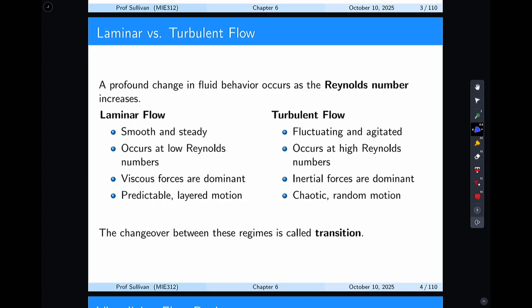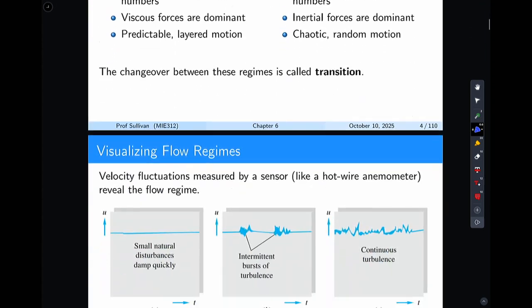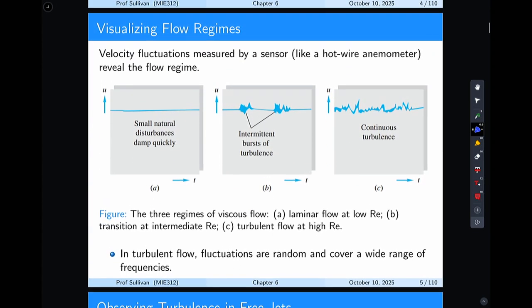You and I will all have different pictures of that. In this course, I will never tell you anything about transition because I'm afraid of trying to describe it. It's one of the more difficult things we do in fluid mechanics, the transition between laminar and turbulent flows.